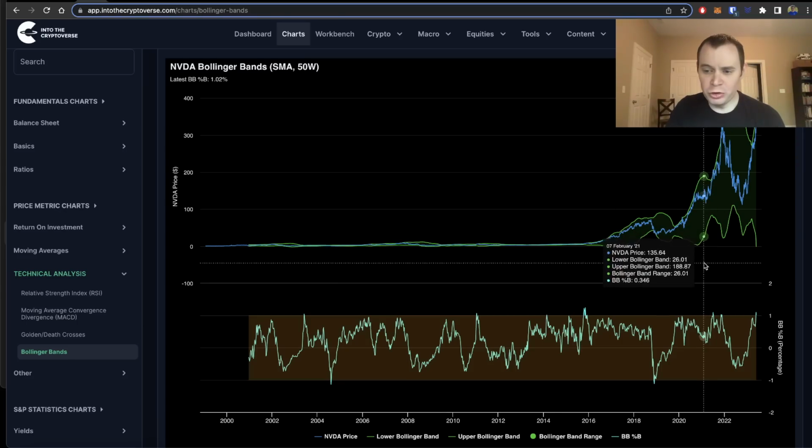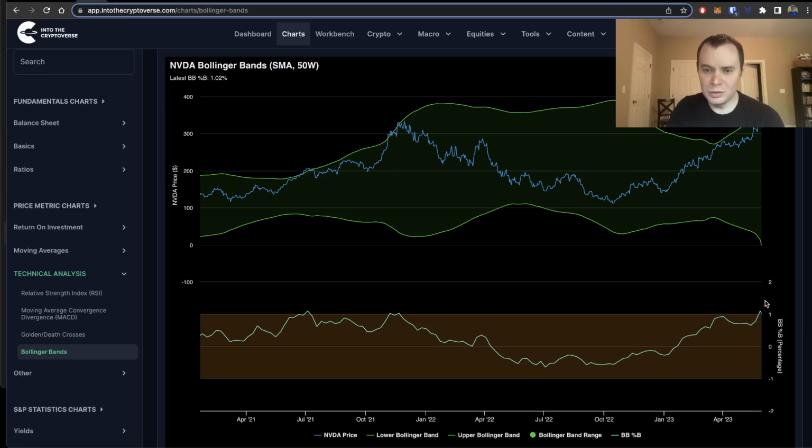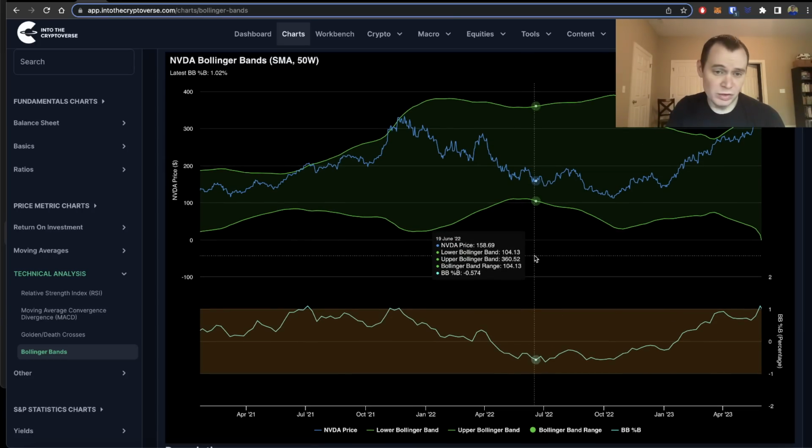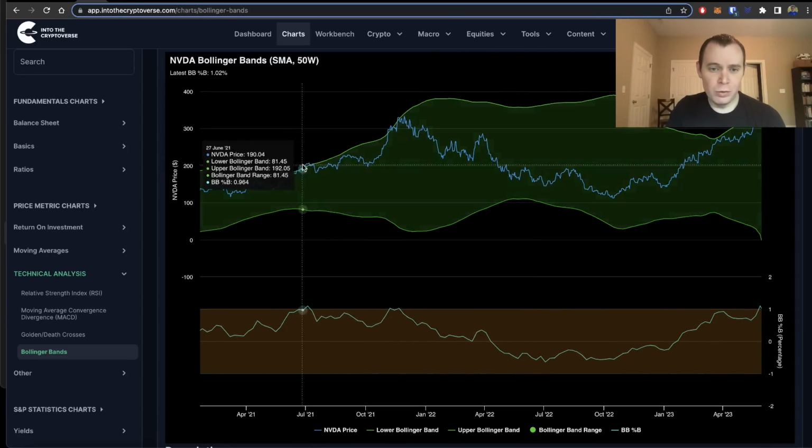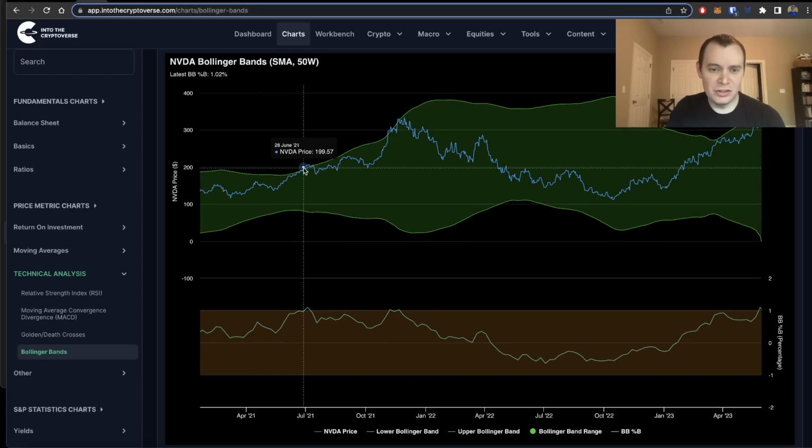And then there's, of course, 2 more examples that we can look at, including the one today, and that's back in 2021. Okay, so in 2021, the question is, after it got 3 standard deviations above its 50-week moving average back in June of 2021, around $200, did it put in a lower price at some point in the future? And you can see that it did.